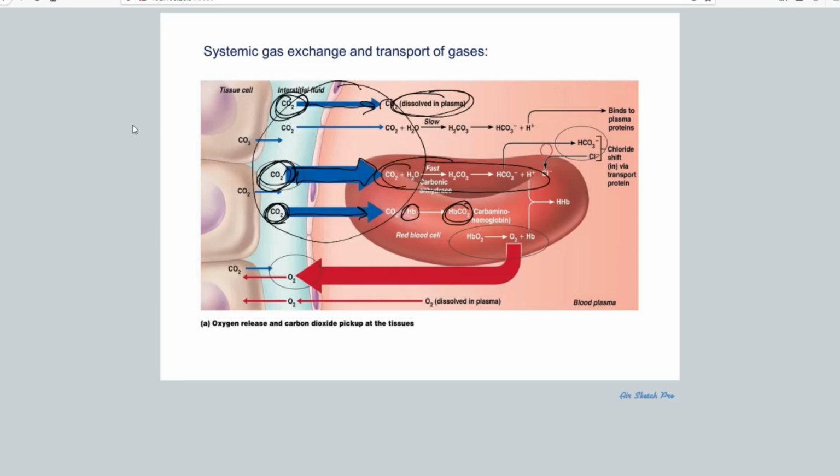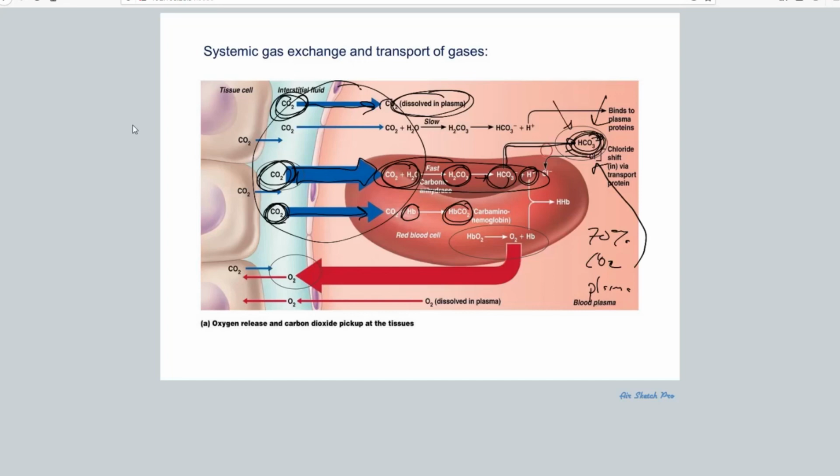Specifically, it combines with water to be converted to carbonic acid, and then that gets converted to bicarbonate and free hydrogen ions. Then that bicarbonate moves into the plasma, and so 70% of the CO2 traveling in the blood travels as bicarbonate in the plasma. And that's something that you guys need to know. Okay, so this is how 70% of the carbon dioxide is traveling through the blood.